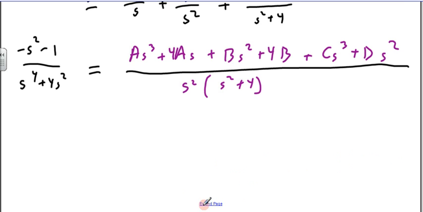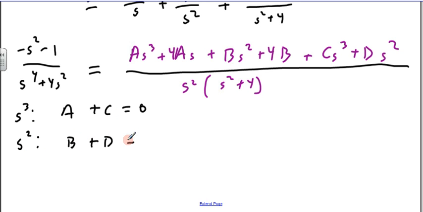Now I look at that and I say, well, the s cubed term, A plus C, is equal to 0. The s squared term, B plus D is minus 1. I look at the s term, 4A, and that's all there is, equal to 0.